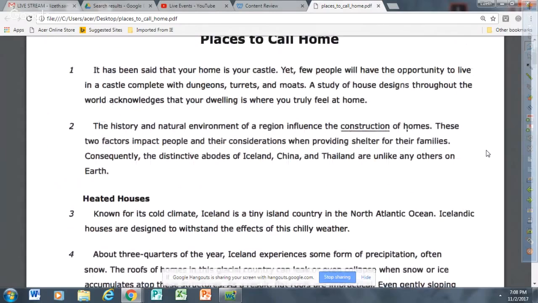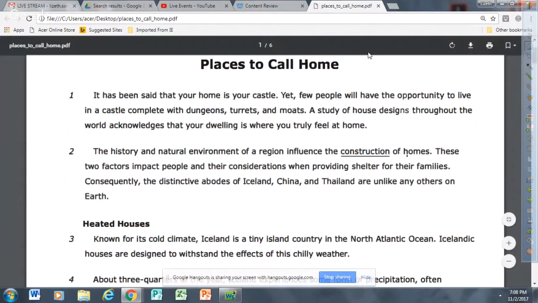So again, all of this was the introduction, right? Saying, okay, people love their houses, not everybody can live in a castle, but for them, homes are very important. And then we are here, the history and natural environment. So already, history and natural environment are going to influence how they build their homes.